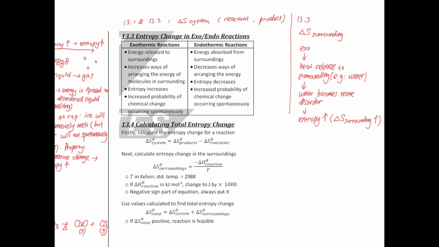Okay, so yeah, hot, right? Exothermic means release energy to the surrounding. So the surrounding is hot, and then chemical reactions can happen more easily because the surrounding is hot. Okay, so now let's see the other part.